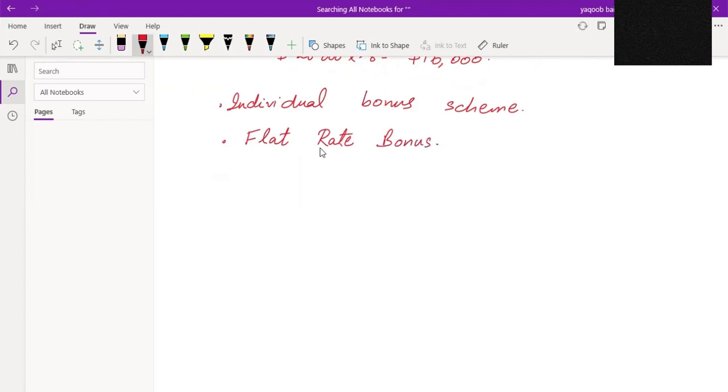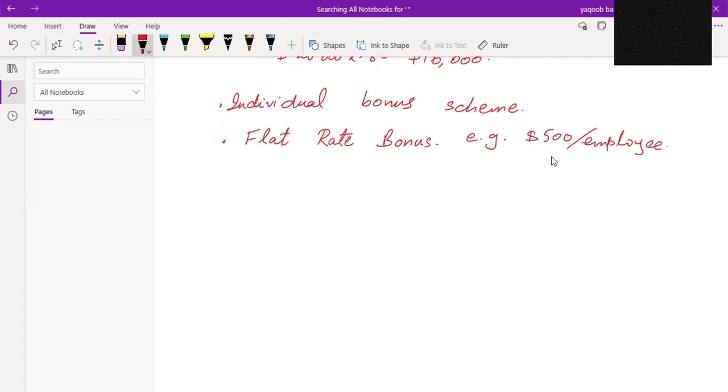where a constant bonus is paid to the workers, or in fact paid to the whole team of the organization, from CEO till peon or office boy of the organization. For example, the company says that we will pay $500 to each employee on Christmas, or $500 on the national holiday to all the employees of the company.